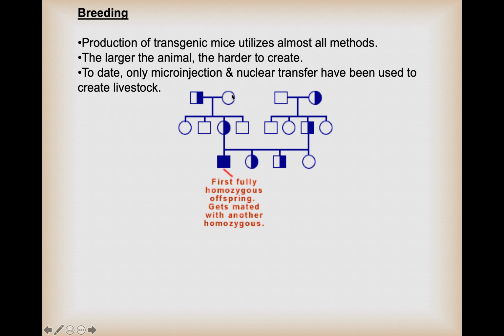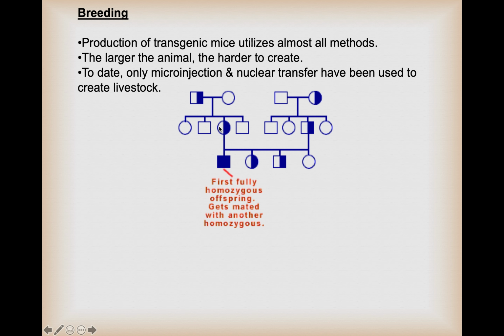As you can see over here, what the breeding pedigree chart tells us is that the founder animals, we know, are not fully integrated with the gene, so that's why we put it as half. It is mated with another animal which doesn't carry the same gene. When it produces offspring, by Mendelian genetics, at least 25% of the offspring carry the transgene, or 25% integration of the homozygous gene.